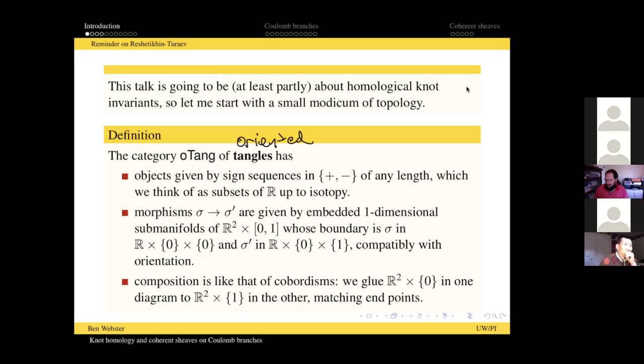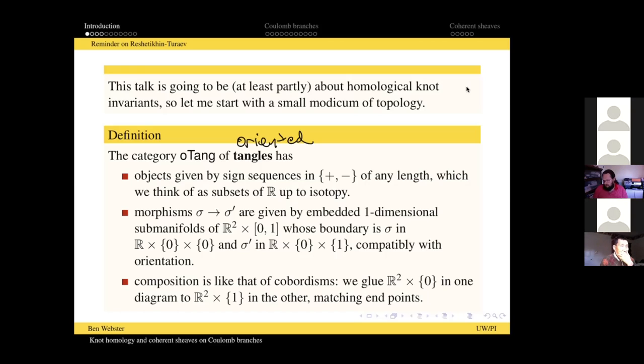That's the O-tang. This is a category where the objects are a choice of a set of points on a line, and I'm calling them plus or minus, depending on whether the oriented tangle joining them is oriented up or oriented down.